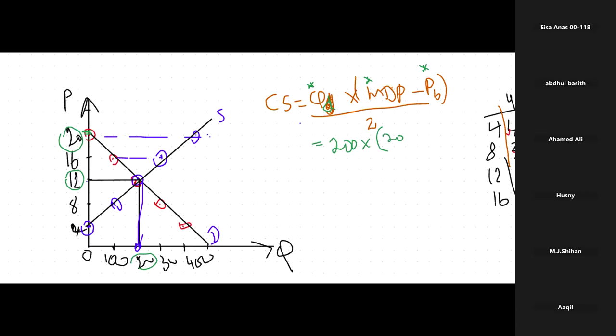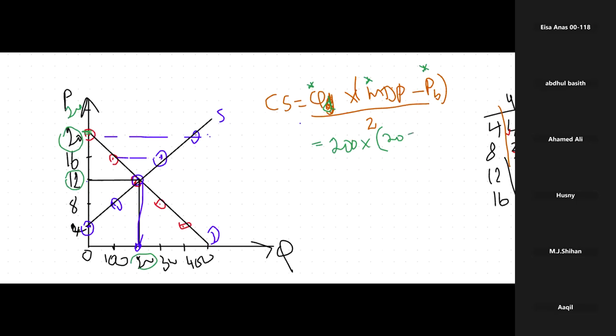They think that whichever price is mentioned at the top of the demand curve on the price axis, for example here, this will be 24, is the maximum demand price. That won't be. Where the demand curve cuts the price axis, that is the maximum demand price. Therefore, 20. Buyer's price means equilibrium price.